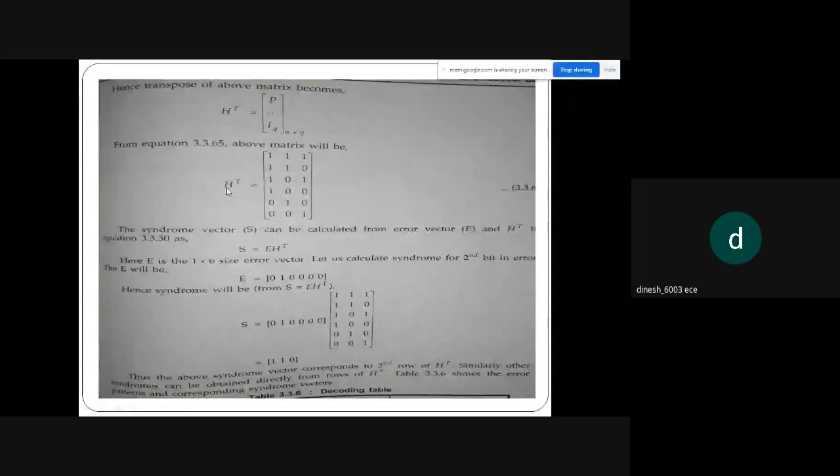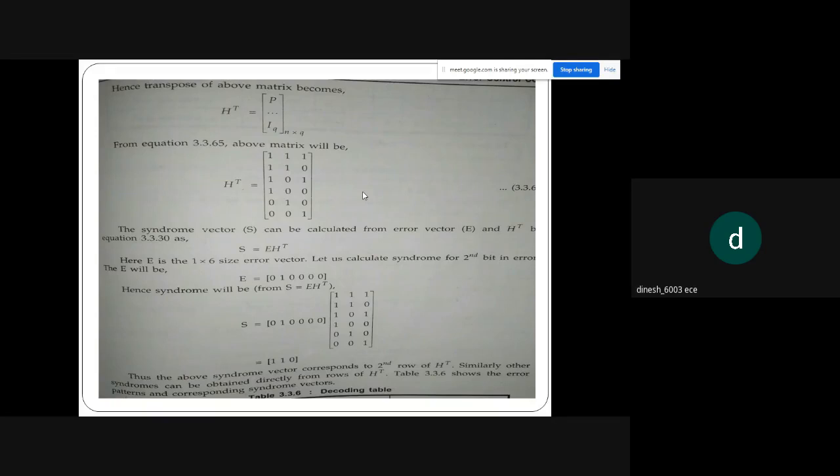We'll be getting the H transpose matrix as this: 111 in the first row, 110 in the second row, 101 in the third, 100 in the fourth, 010 in the fifth, 001 in the sixth. So now this H transpose is required for determining the syndrome.